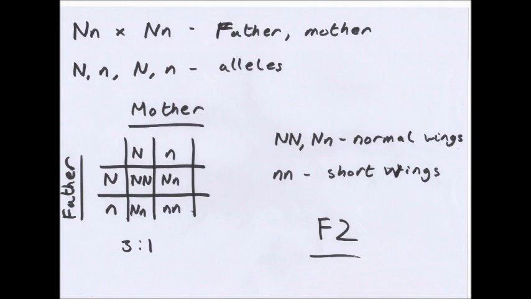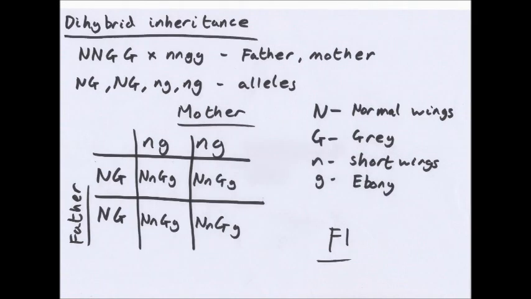Now this means there is a phenotypic ratio of 3 to 1. They are basically saying out of 4 organisms, 3 of them will have normal wings, 1 of them will have short wings. Hope that makes sense.